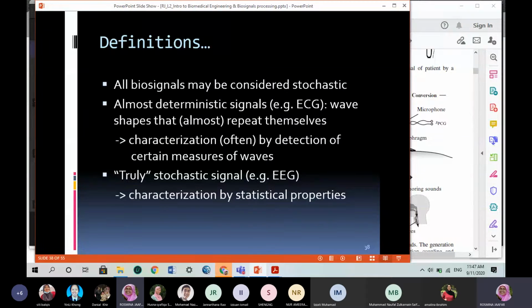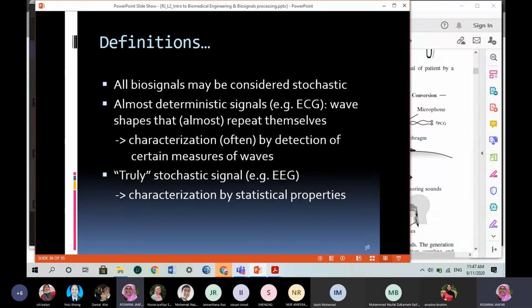Almost deterministic. Sometimes the biosignals can also be almost deterministic. For example, the ECG signals, the wave shapes almost repeat themselves. And the characterization is often by detection of certain measures of the waves.